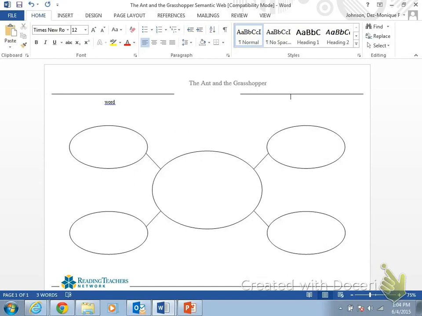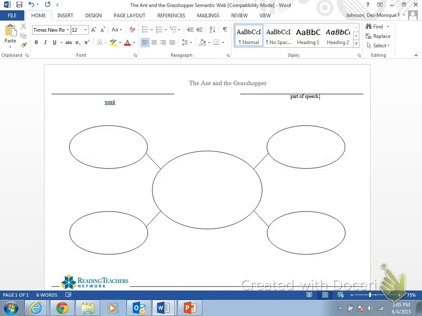The second line over here to the right is where we're going to list the part of speech. Remember that part of speech means that we're going to be able to identify the word as either a noun, a verb, an adjective, an adverb, and so on.